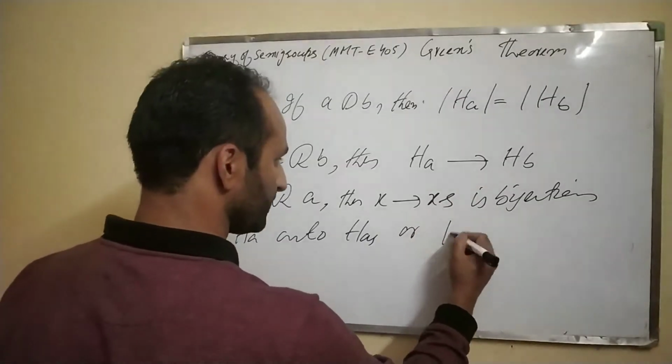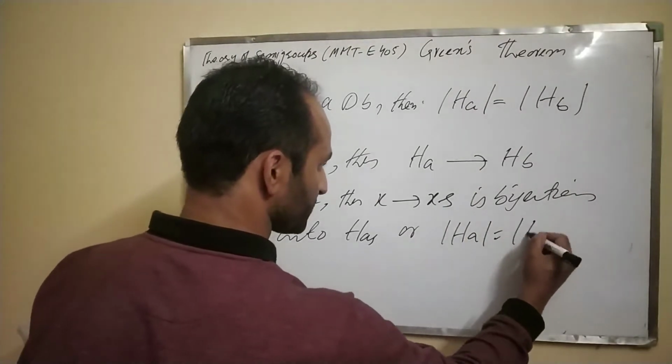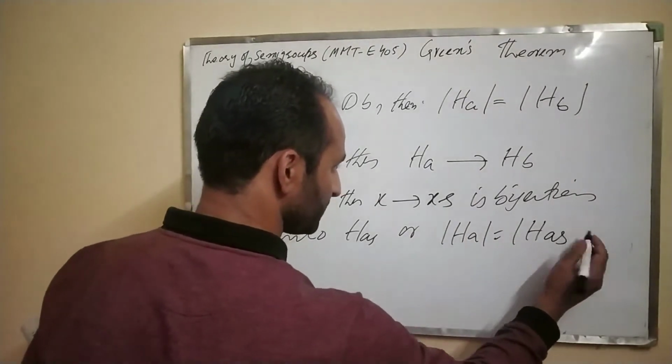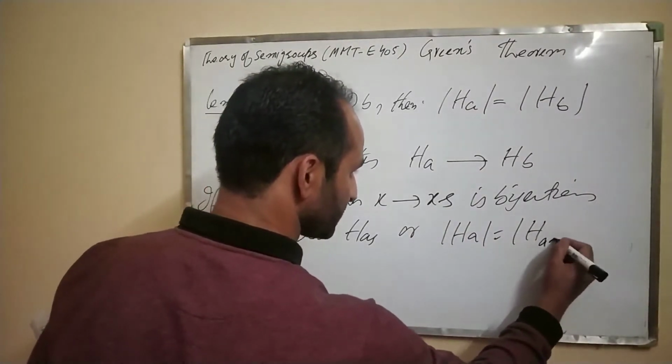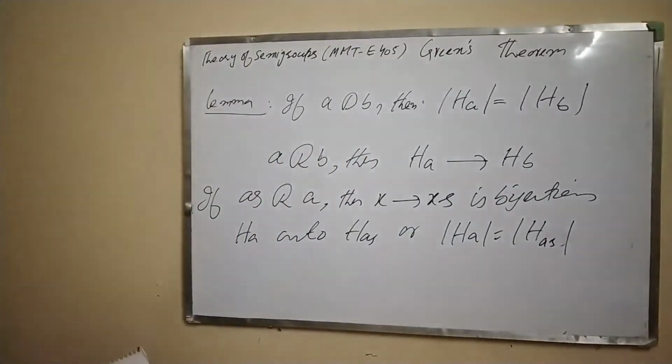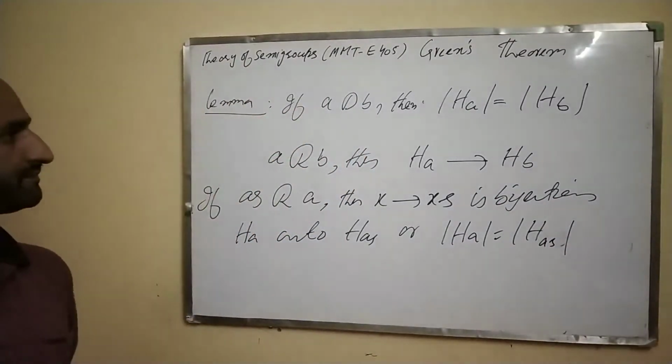We can say the cardinality of HA is the same as the cardinality of HAS, the H class of AS. It follows from this lemma.